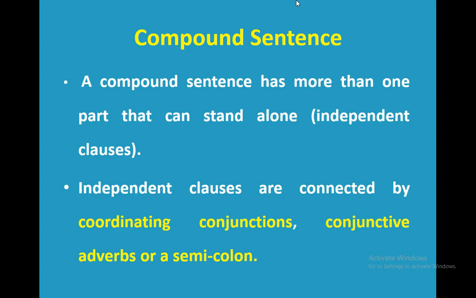So the compound sentence is constructed of two independent clauses. But how do we link them together? Actually, independent clauses are connected by coordinating conjunctions, conjunctive adverbs, or a semicolon. Today we are going to mention the coordinating conjunctions and the conjunctive adverbs.